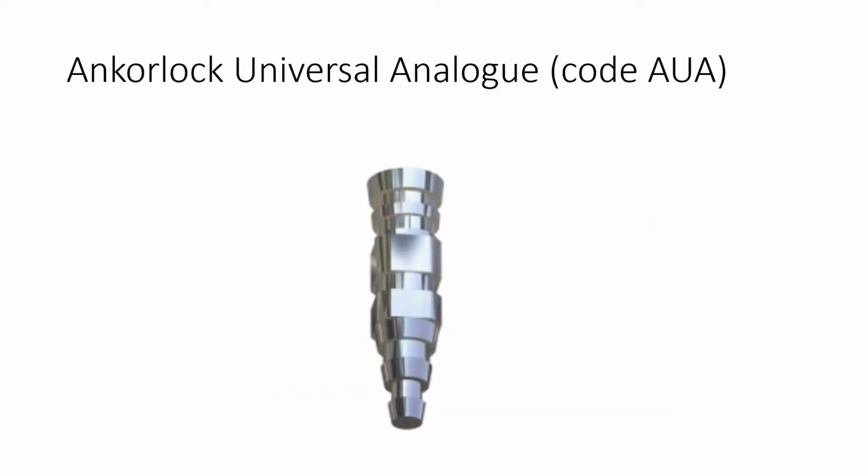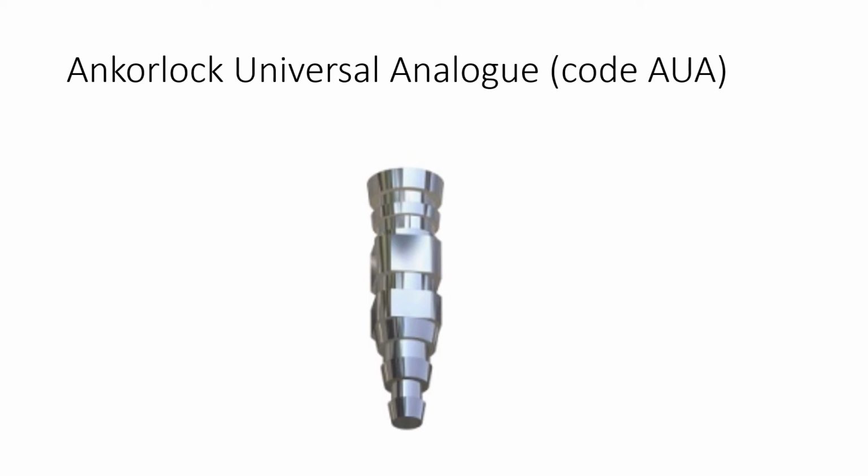The technician will now use our Ankorlock Universal Analogue. This analog works with all diameters and dimensions of our implants. So again, this makes inventory very simple and very simple to track the process of the job. And also for laboratories, they only need to order the one analog.